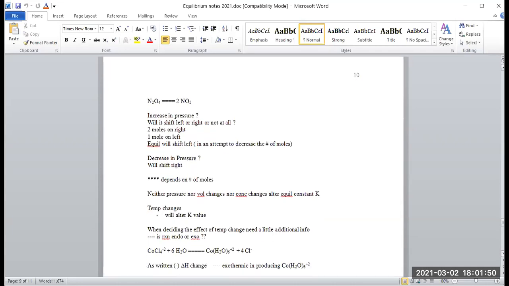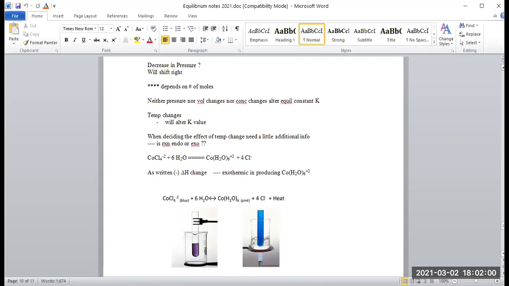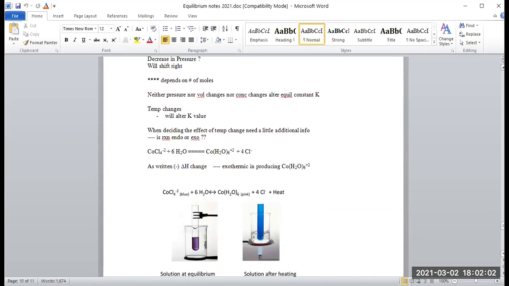Now, what if your reaction happens to be endothermic or exothermic? In this case, I picked one that was an endothermic reaction. We have some more coordination compounds. We've got cobalt stuck to 4 atoms of chlorine and some water.